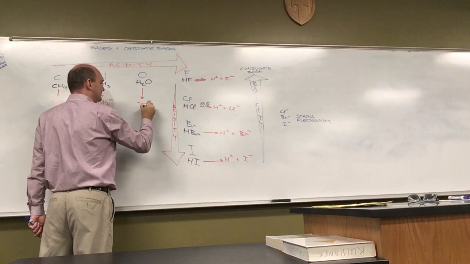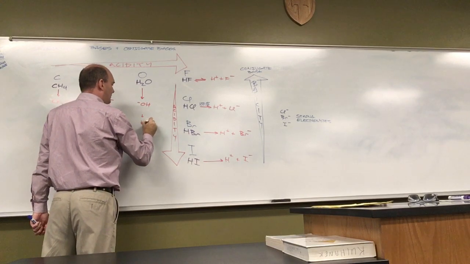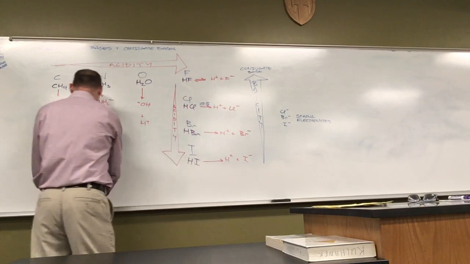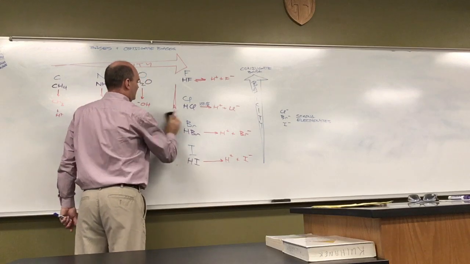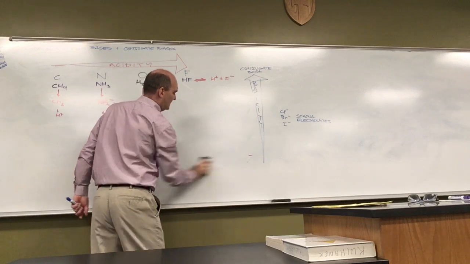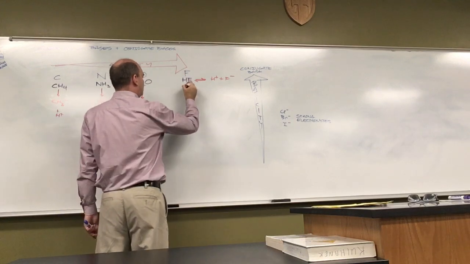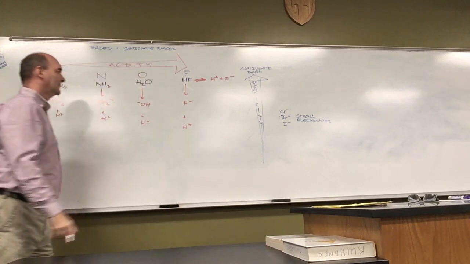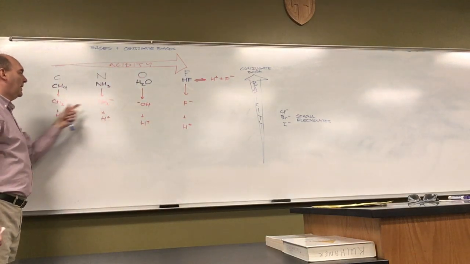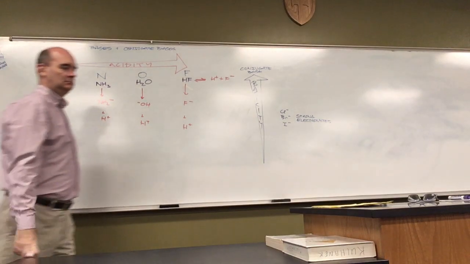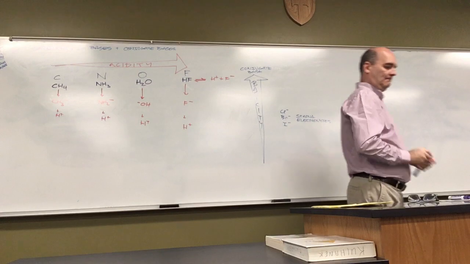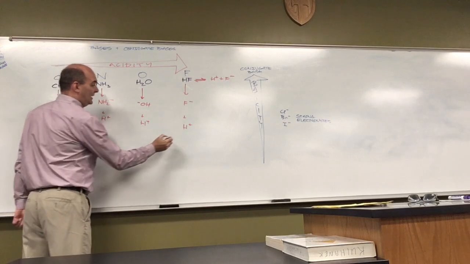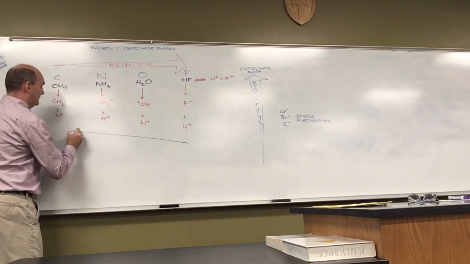Water makes hydroxide. Fluoride. So I have fluoride, hydroxide, amide, carbanion. Our trend in basicity is going to go this way.